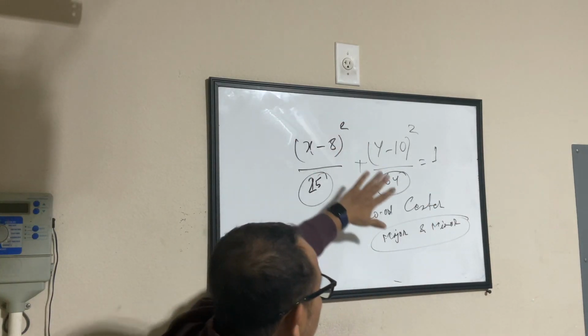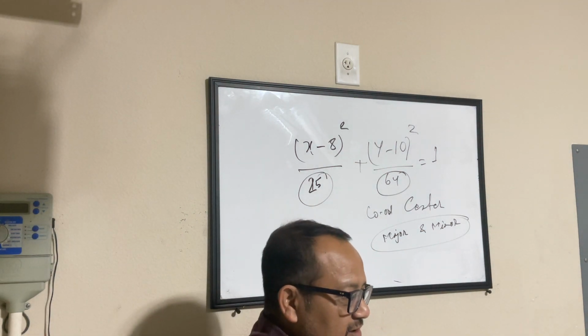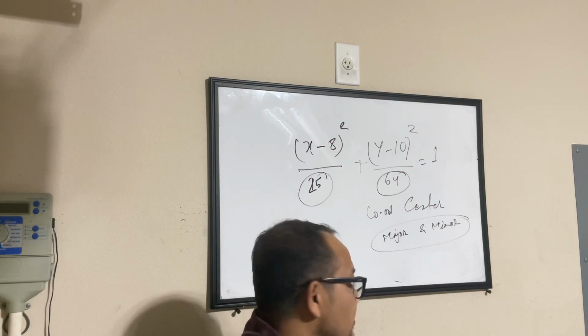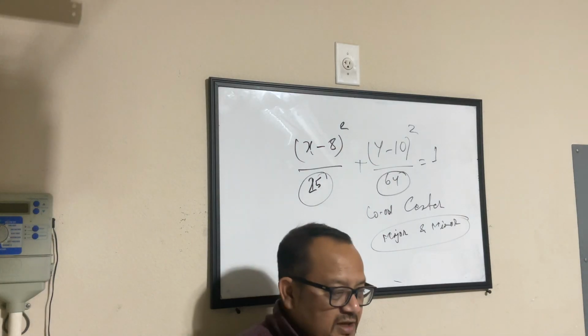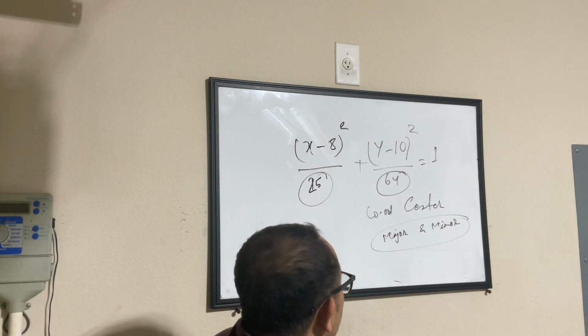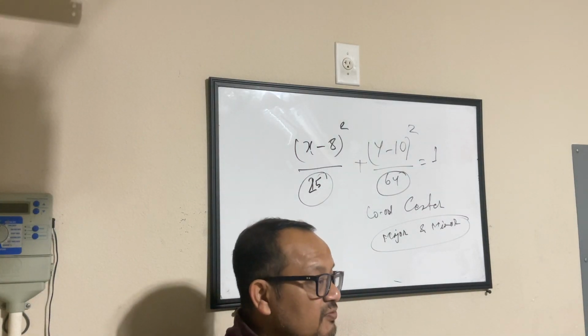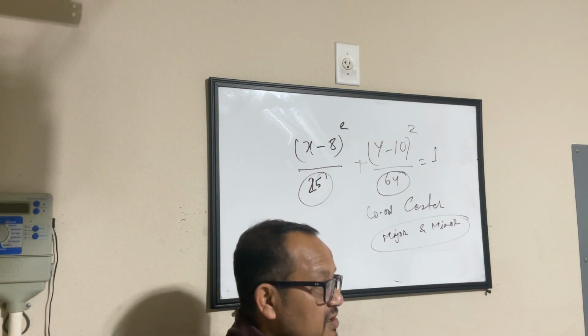Just by looking at this, which one is your major radius, if you guys can tell me? Just by looking at this equation, I mean, obviously I'm making you believe that this is the equation of an ellipse, what will be the value of the major radius, or which one is the major radius?